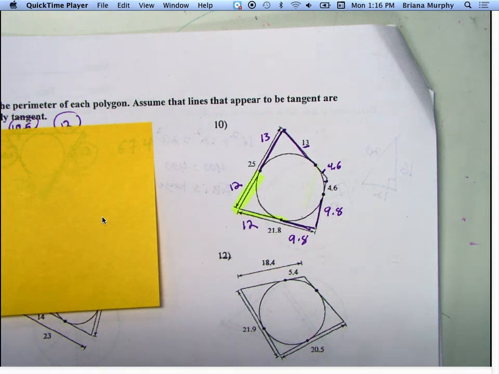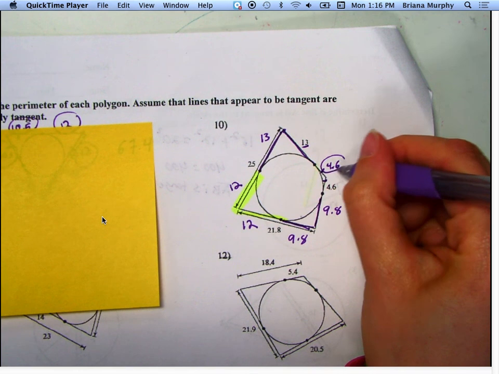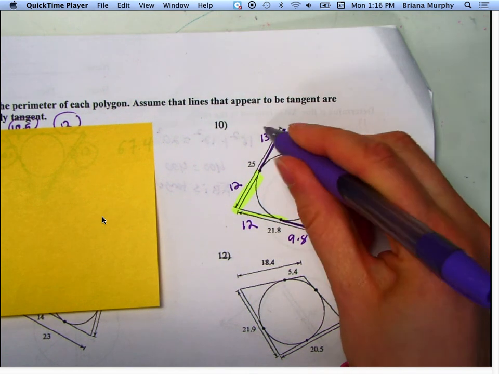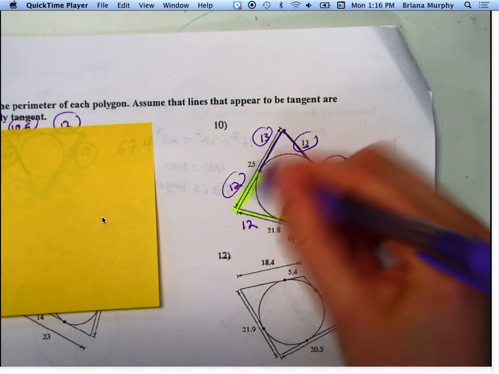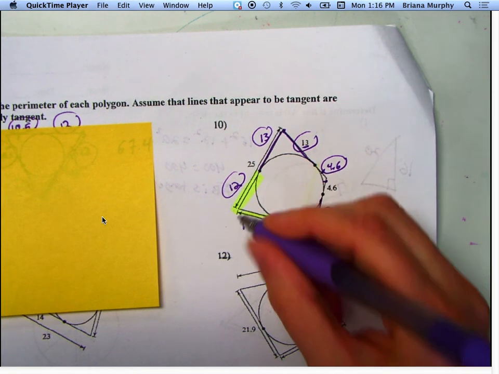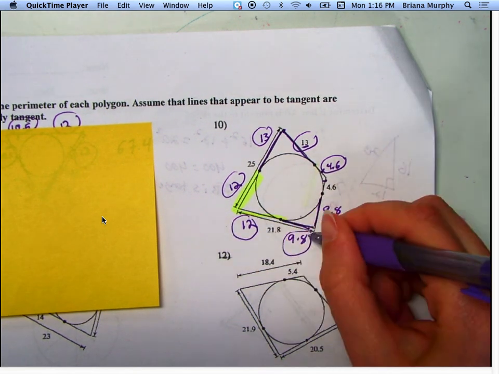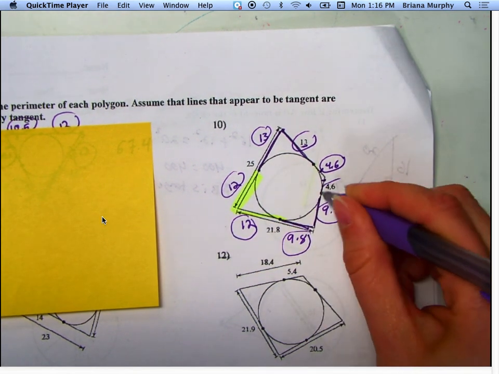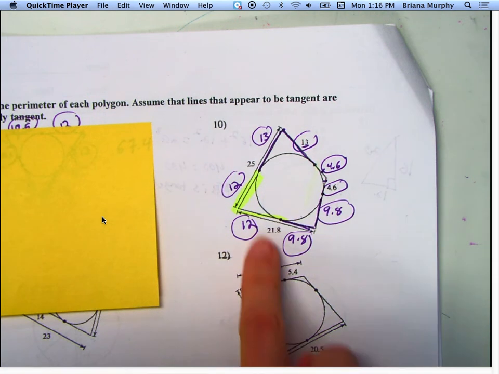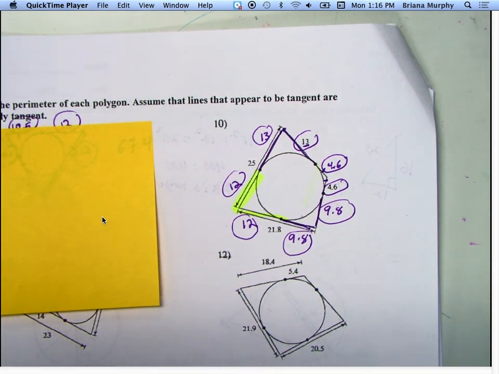Now I'm going to add up just these numbers. 4.6, 13, 13, and 12, because that's the same thing as adding 25, right? 12, 9.8, 9.8, and 4.6. I circle them so I don't add parts twice.